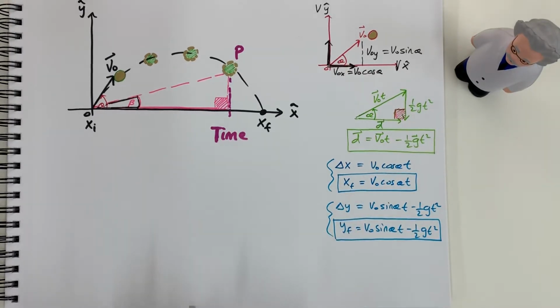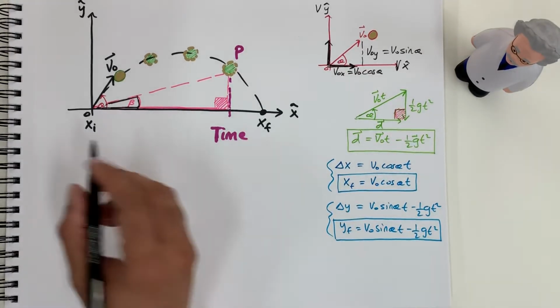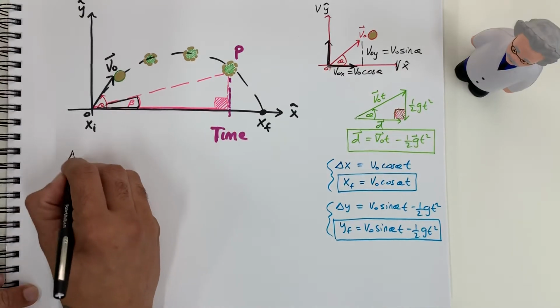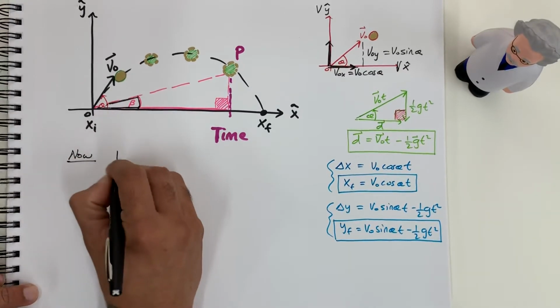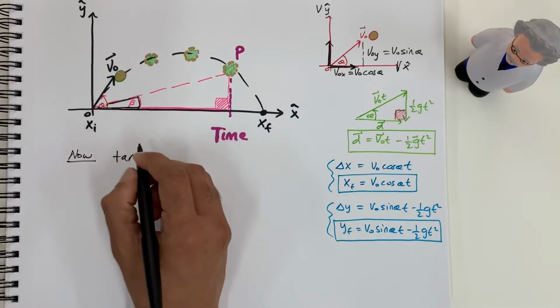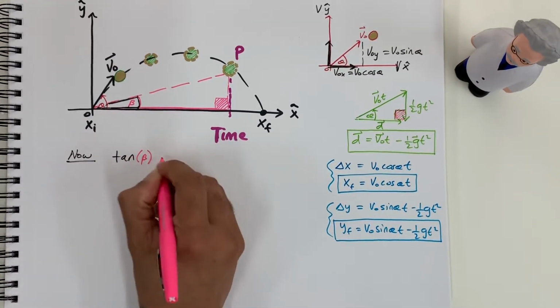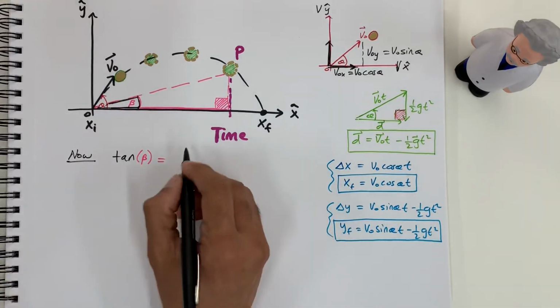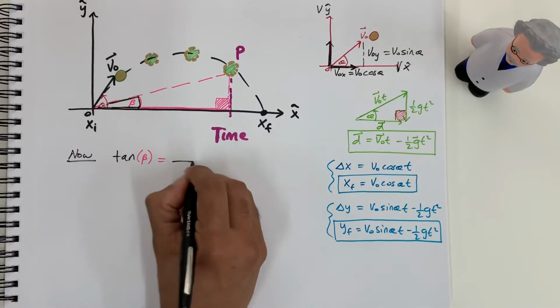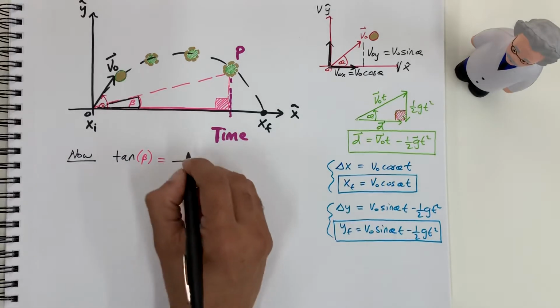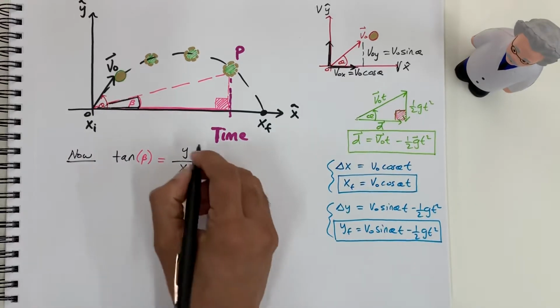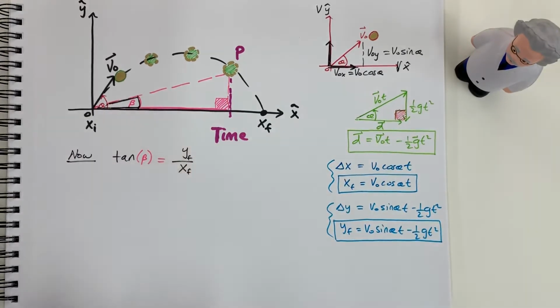Okay, so now when we come over here, all we're gonna do is take the tangent of that angle beta. Okay, so tangent is equal to, in this case, y over x, or y final over x final.